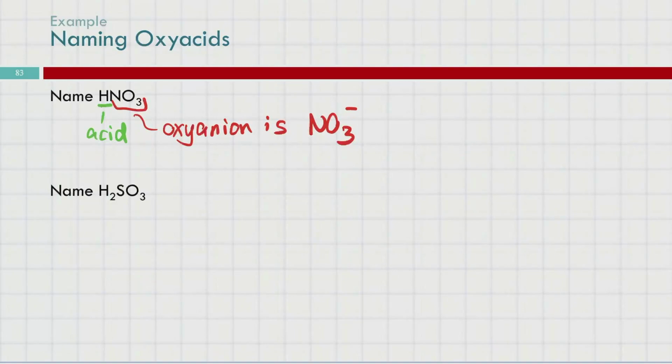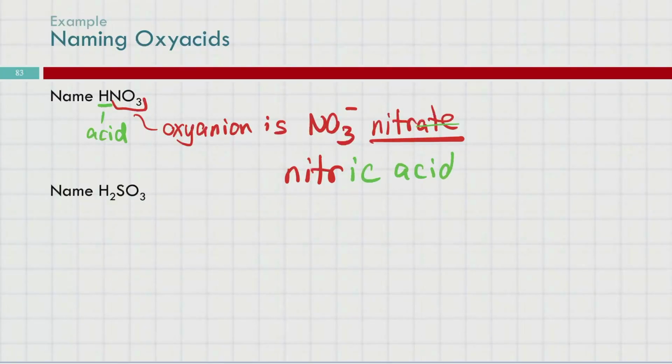We would find NO3 with whatever charge it has on our green sheet and discover it's nitrate. So we've got our base name for our oxyacid. It's the nitr part, so we're chopping off that ate. And then we remember ate turns into ic and add acid. So this is nitric acid.